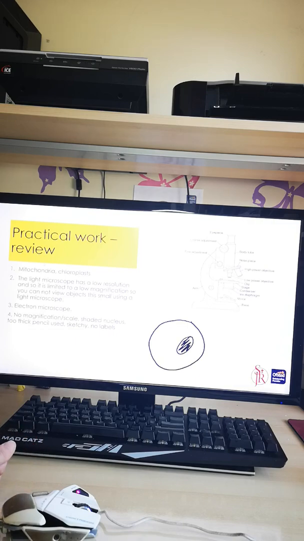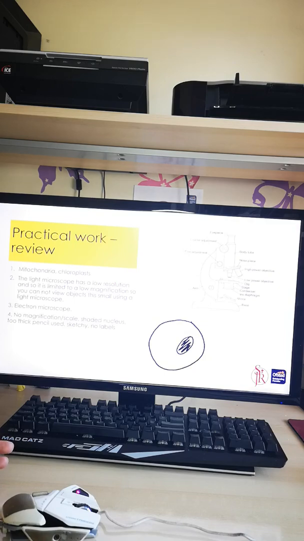Generally the ones that we have in our laboratories in schools and colleges are not. So they're just a bog standard light microscope, and things like mitochondria and chloroplasts you cannot see. And the reason for that is the light microscope has a low resolution, and so it's limited to a low magnification. So you cannot view objects this small using that light microscope.